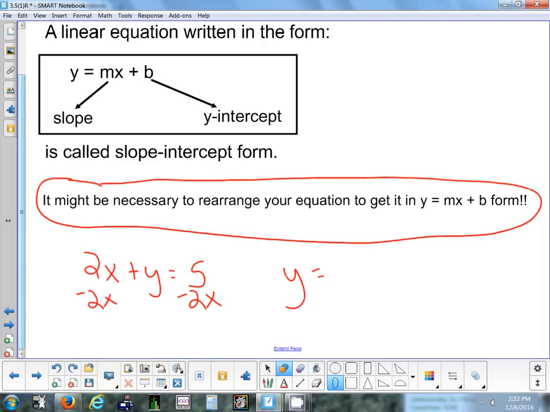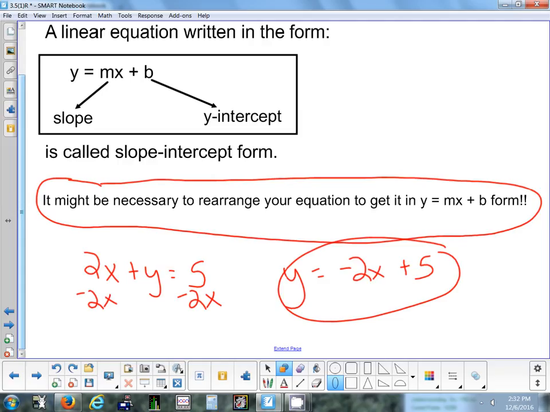How come? One's an x and one's a number, right? But when I write it out, what has to be right after the equal sign? The negative 2x, the x. That's just the way the formula works. Negative 2x plus 5. Now that's rearranged into y equals mx plus b. So sometimes you might have to rearrange.